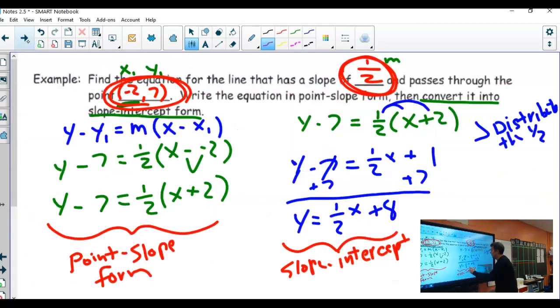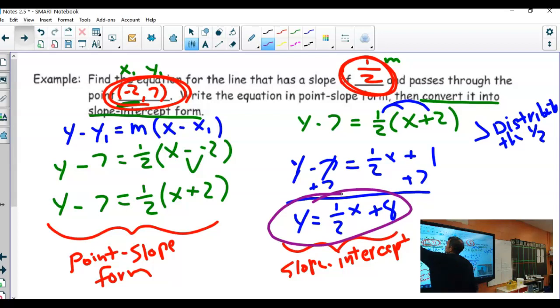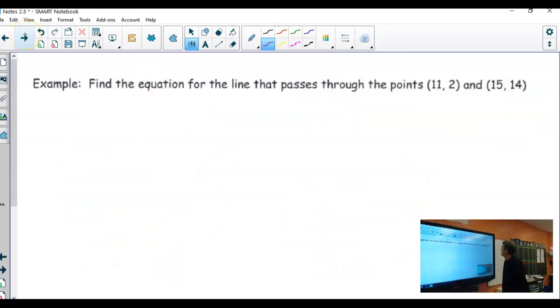I got the same equation. All right, so that is point slope form. If you know a slope and a point, it's maybe easier to use than using slope intercept form sometimes. All right, let's try an example.